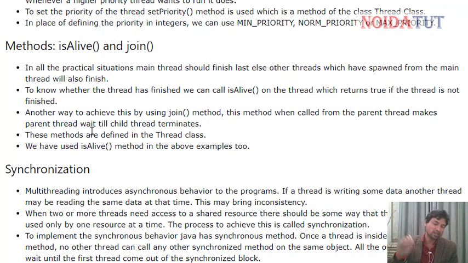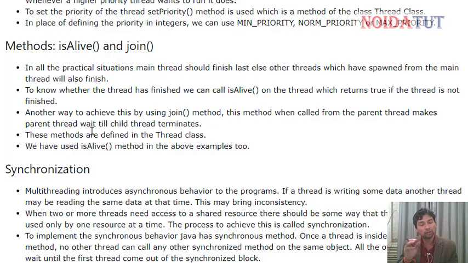Now the methods isAlive and join. In a practical situation, the main thread should finish last, else the other threads which have spawned from the main thread will also finish. To know whether a thread has finished, we can call isAlive on the thread, which returns true if the thread is not finished.